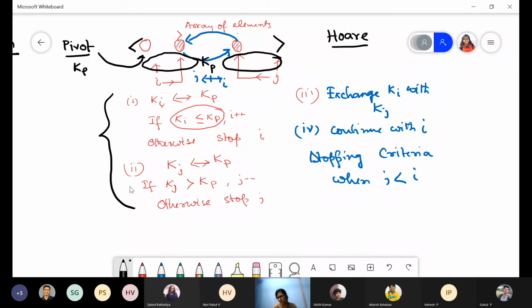If you have followed Foreman's book, in the Foreman's book this scheme was first not written. There it is given in short, and later probably in a remarks section they used to explain that this is how the original algorithm was given.